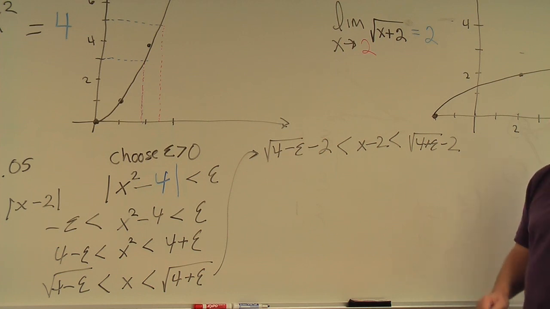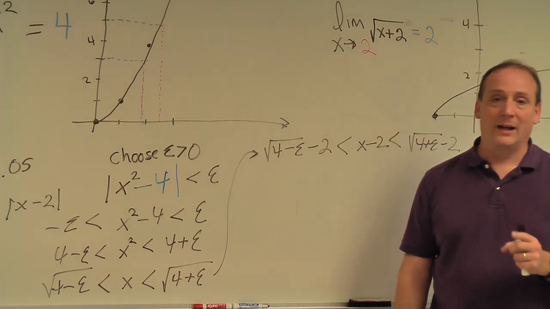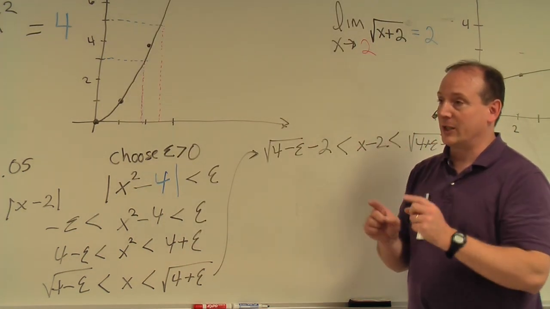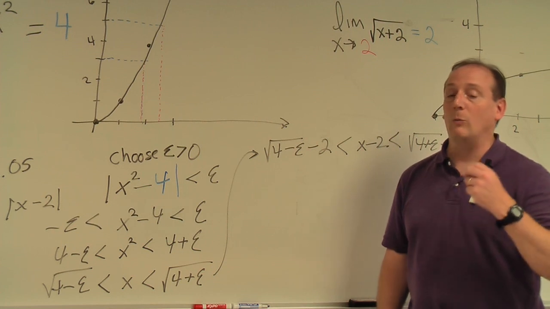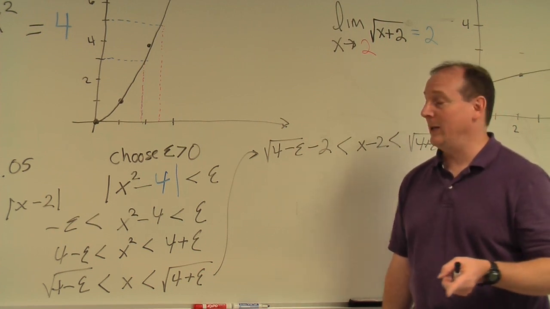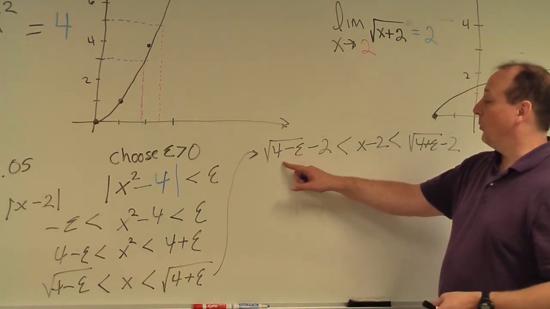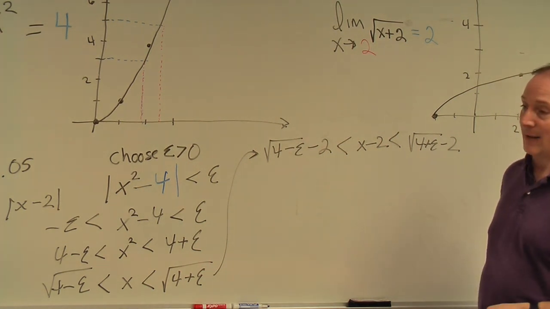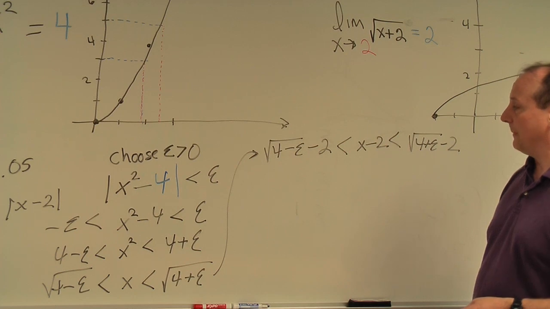Because I want to pick a single value of delta. I'm not looking for delta 1 and delta 2. I'm looking for a single value of delta. What we need to do is find which of these two has the smallest absolute value. Okay?